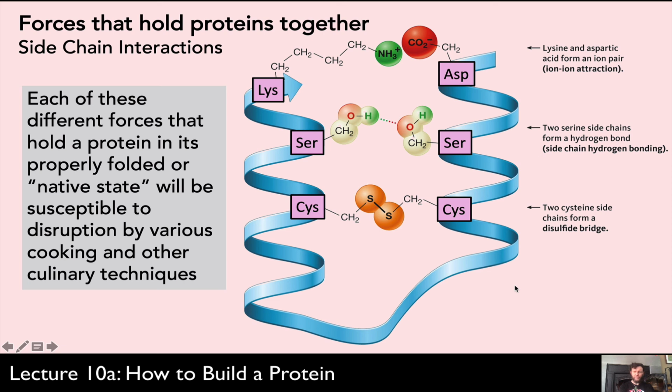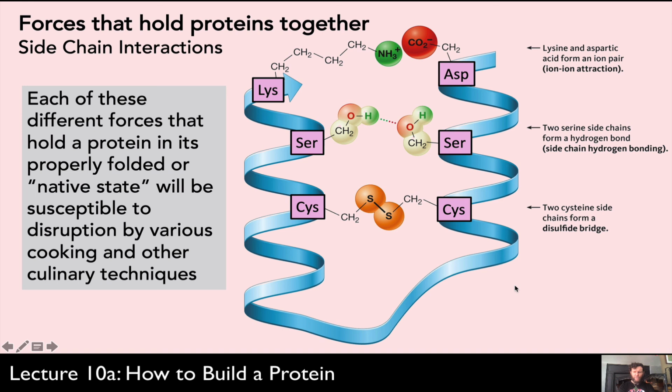Here are some other forces that hold a properly folded protein into its native state. All right. So there's a couple categories here. You can have charge-charge interactions or ion-ion interactions, such as this interaction between aspartic acid and lysine. So we have an NH3+ on the lysine and a CO2- from the conjugate base of aspartic acid that are attracted to one another, and they can hold two arms of, for example, two different alpha helices together to give the protein the structure it needs.